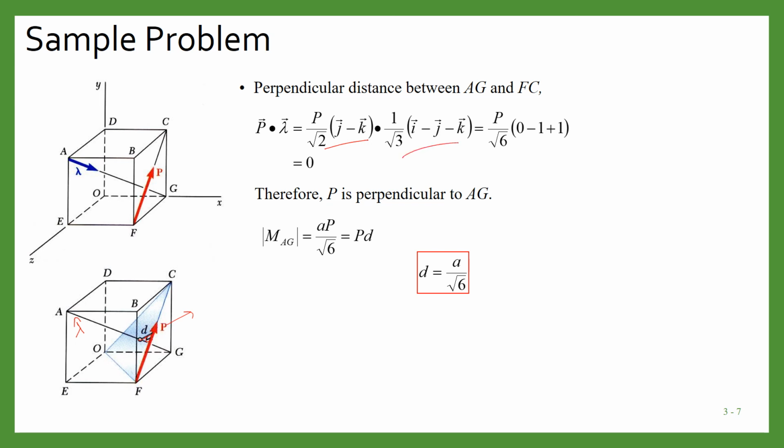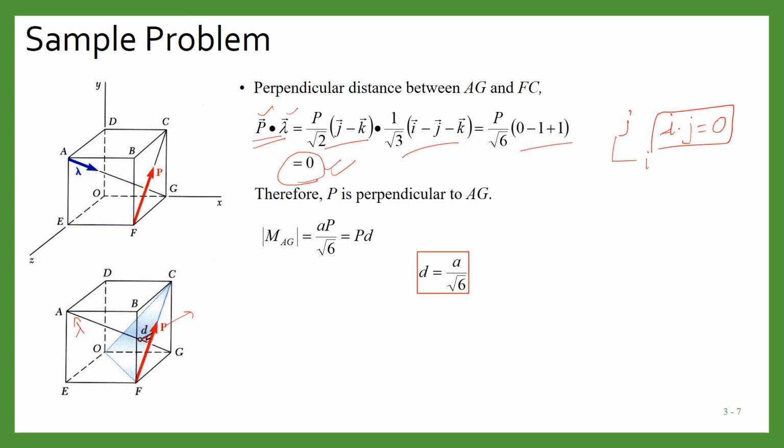So if you take the dot product of these two vectors, then it will come out to be this P by root 6, 0 minus 1 plus 1, and this is 0, okay. So it means that this P and this lambda are perpendicular, because if two vectors are perpendicular, that is i and j, then their dot product is 0. This we know. So this product is coming out to be 0. It means that these two vectors are perpendicular to each other, okay.